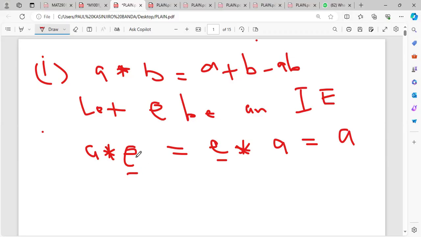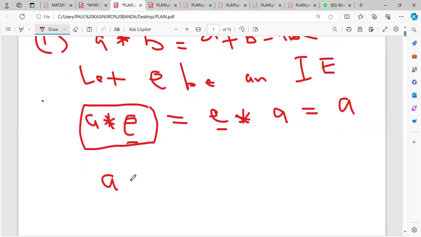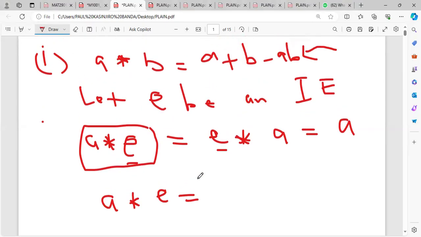Now we are going to apply the operation that we've come up with on our given question. Wherever there's B, which is the second element, we are going to replace it with the E, and then solve for E. That's simply what we are doing. So we say A star E is equal to, remember, we are using that equation there.